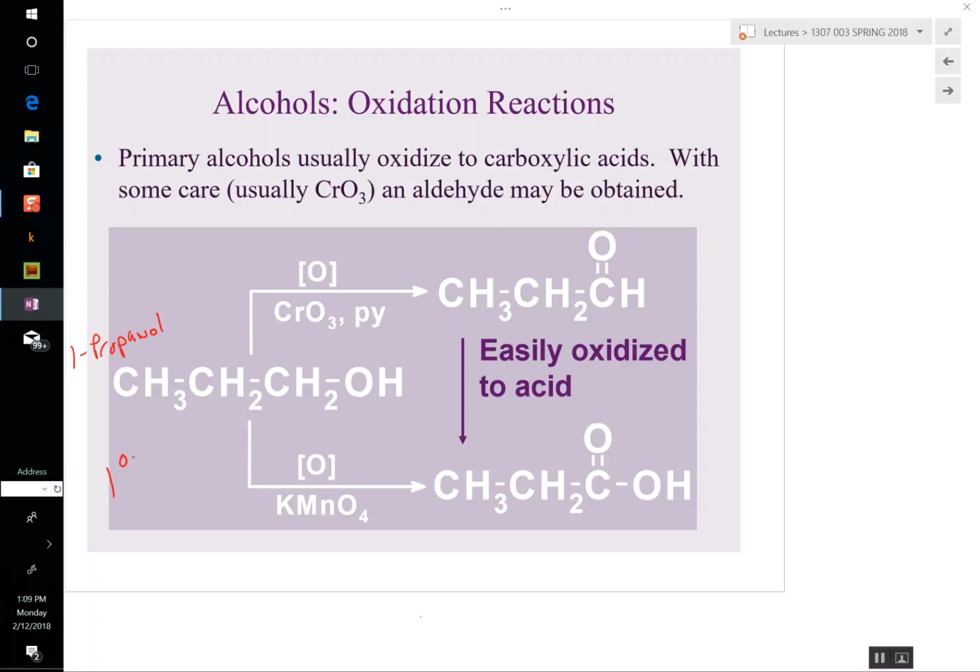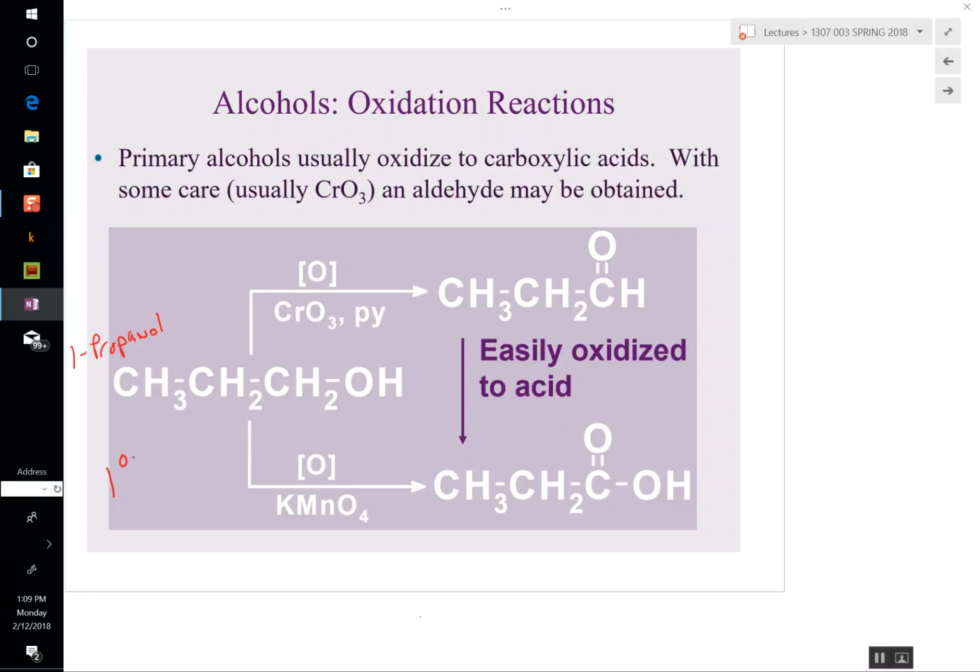This is what primary alcohols do when they oxidize, or they can do. Don't worry about this for right now. Let's go up this high road for a second, because we've got 2 reactions on here. We take this 1-propanol.